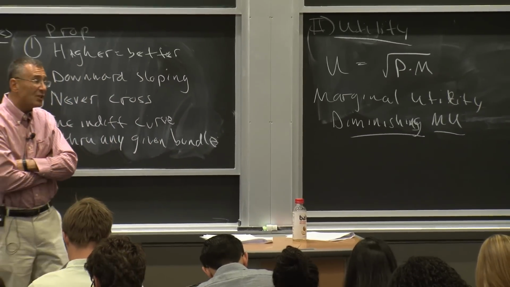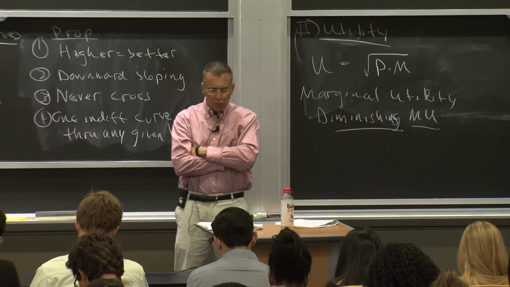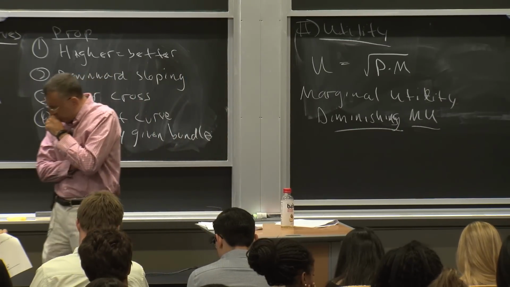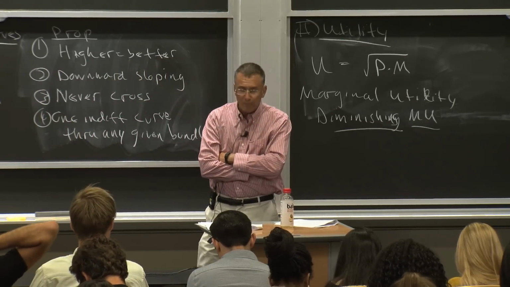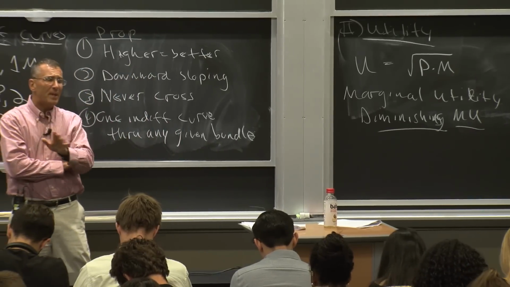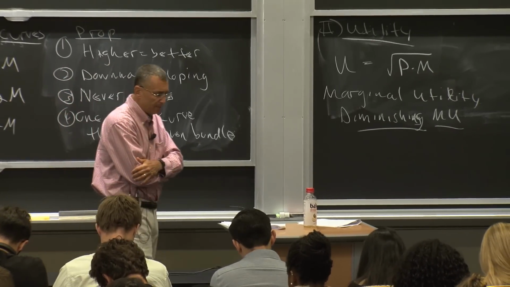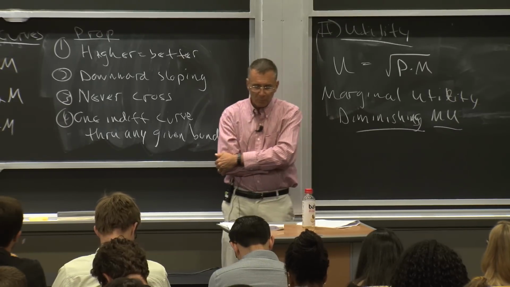Figure 4.4 actually literally graphs, even though utils don't mean anything, we're graphing the utils from different quantities of movies, holding the number of pizzas constant. So let's say you have 2 pizzas. That's never changing. But you have a choice of how many movies you're going to see, 1, 2, 3, or 4.